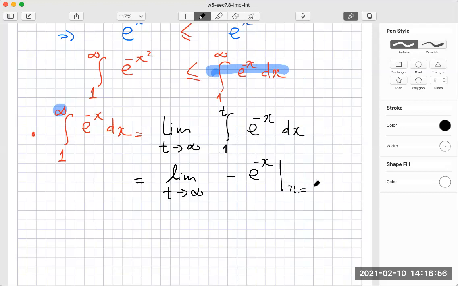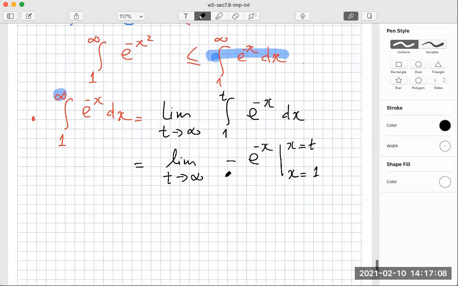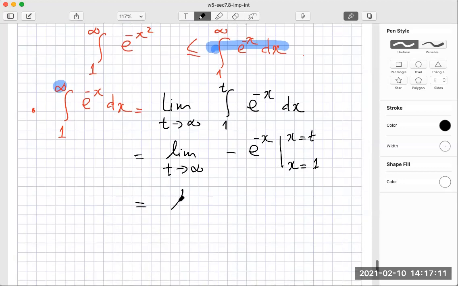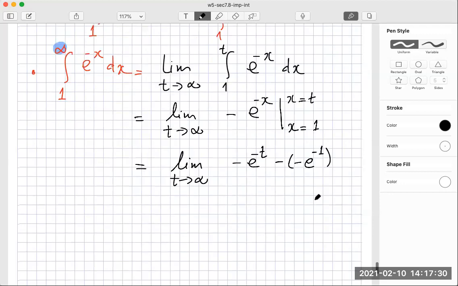We are computing the integral from 1 to t, and t is larger than 1, which means it will be minus e to the negative x, from 1 to t.